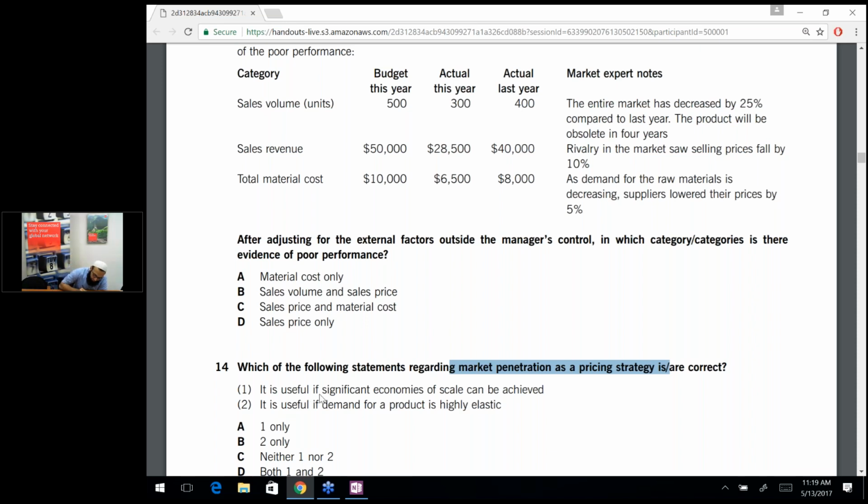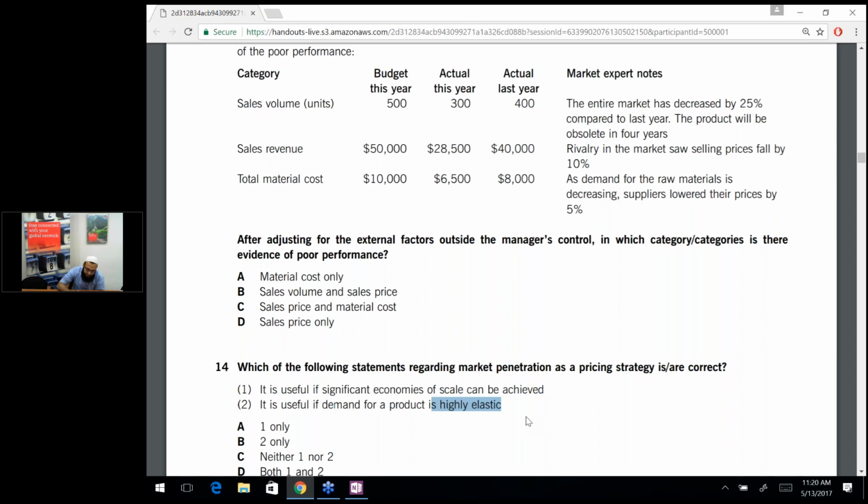Now, is it useful for economies of scale? The answer is yes. Because if you sell at a lower price, you will get a big market share, and if you get a big market share, that will result in significant economies of scale. It is also useful when the product is highly elastic.